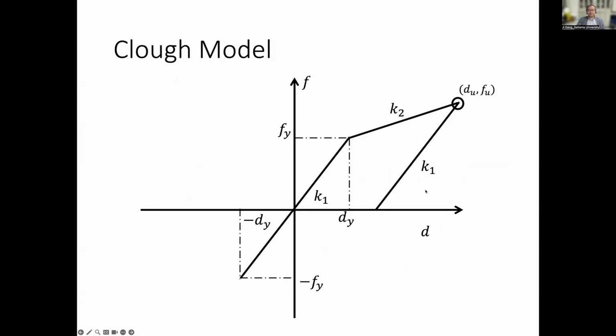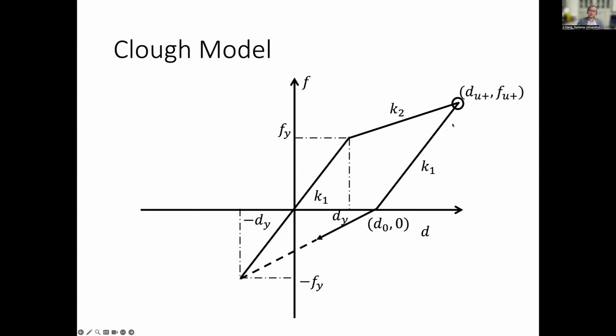Okay. So I will now show you the programming part, but I would like to first simply introduce another model, which is the Clough model, which is very useful for concrete structures. The Clough model has the effect of degrading stiffness. Firstly, they are in the elastic domain and then yielding. Once they are yielding, when they unload, they first unload to 0 using the K1 initial stiffness.